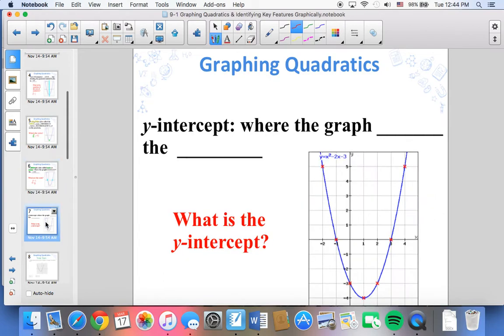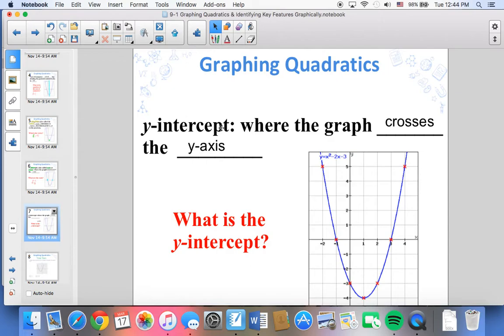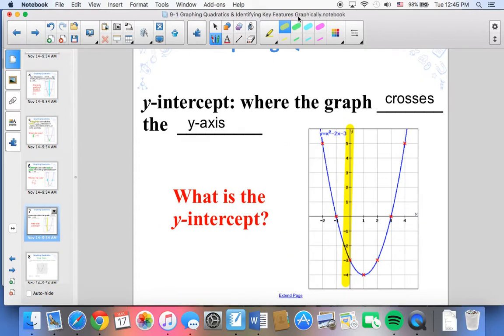Okay, your y-intercept is where the graph crosses the y-axis. We only have one y-intercept. So in this, let's highlight the y-axis, a little refresher for us. So here's the y-axis. So where does this parabola cross through the y-axis?